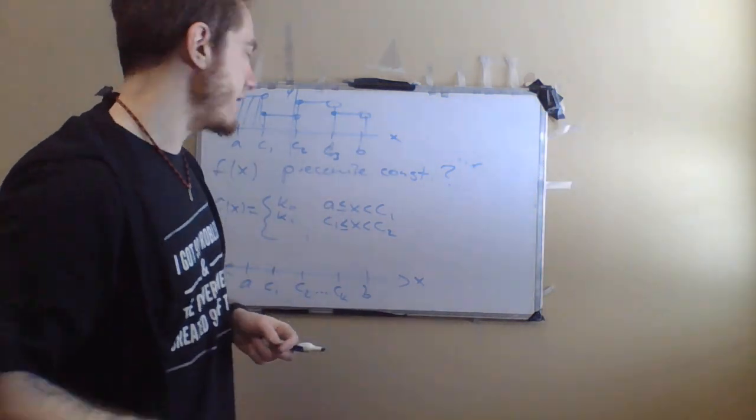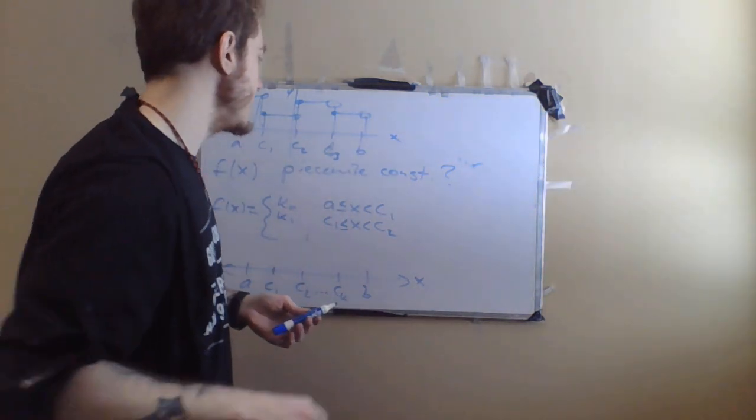The total area then is going to be k0 times c1 minus a plus k1 times c2 minus c1 plus k2 times c3 minus c2 plus all the way out until we get out to kn.